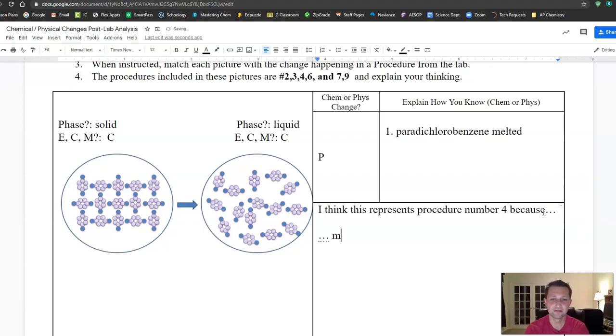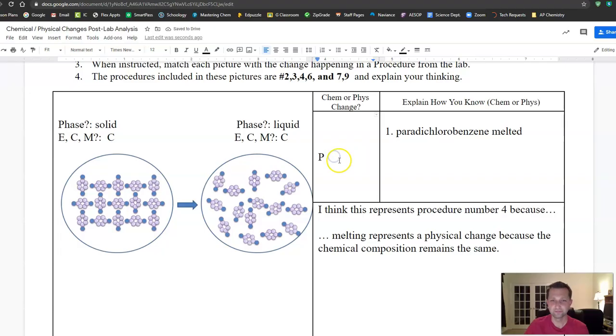Melting represents a physical change, and that's really because the chemical composition remains the same, right? Okay, there you go. So, make yours look a little nicer, I guess, but get the idea.